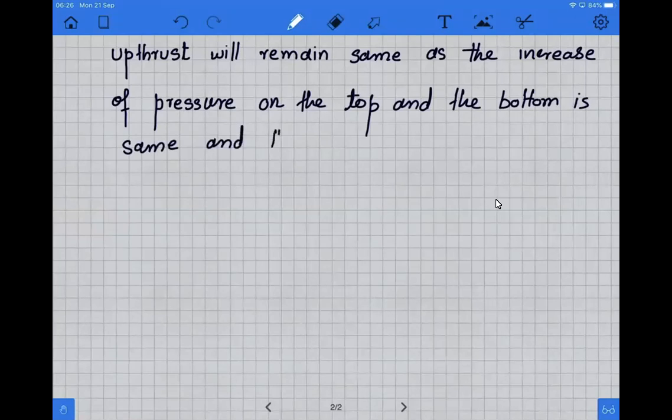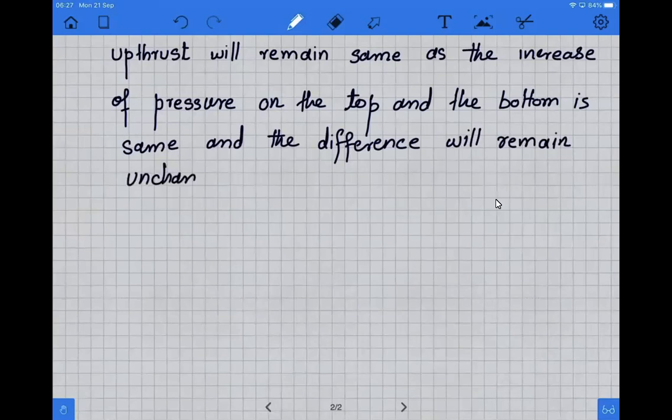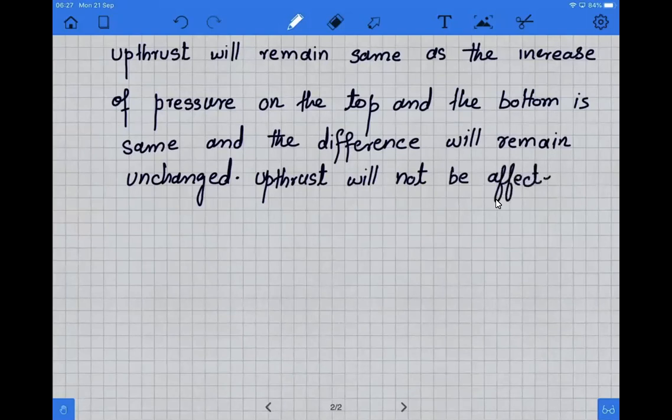Hence the difference will remain unchanged. And upthrust is not dependent on the pressure but on the pressure difference, which is unchanged. That's why the upthrust will not be affected.